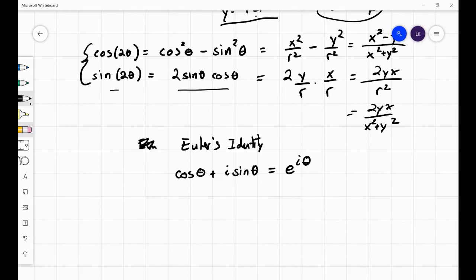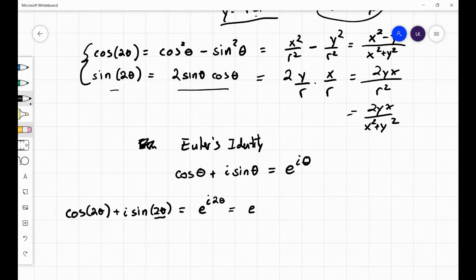So for example, if I wanted to derive the trig identities here for cosine 2 theta and sine 2 theta, I'll just put them into this complex expression and then use Euler's identity to say that this is the same as e to the i 2 theta.